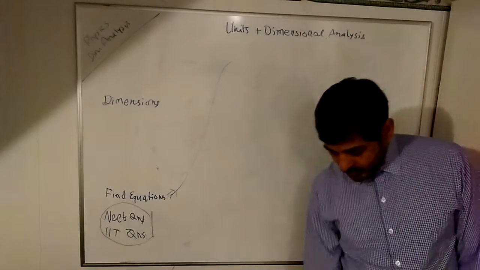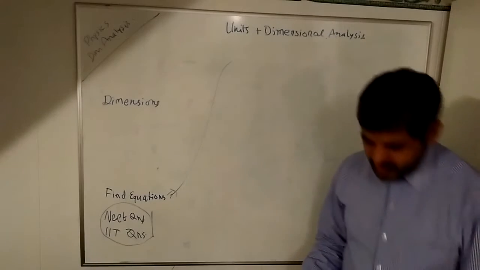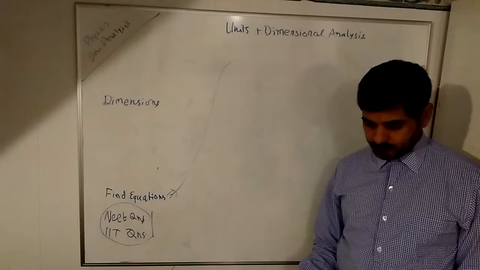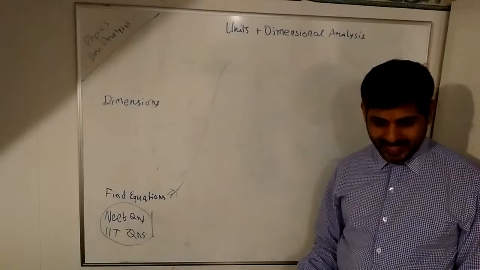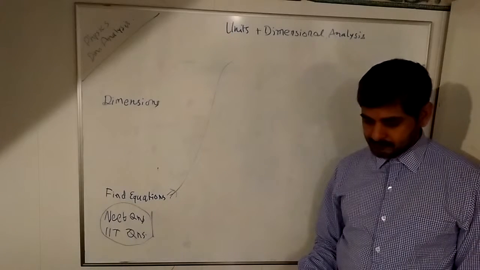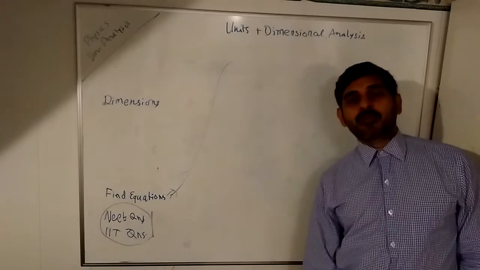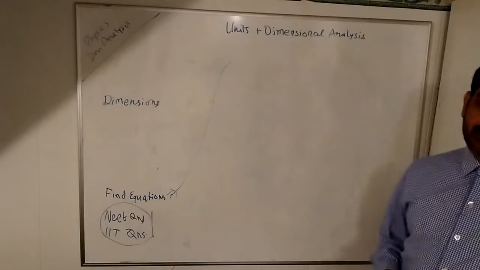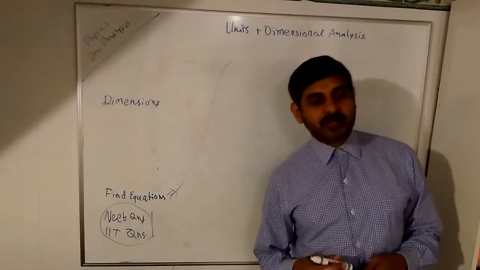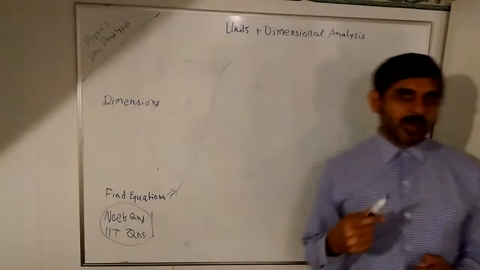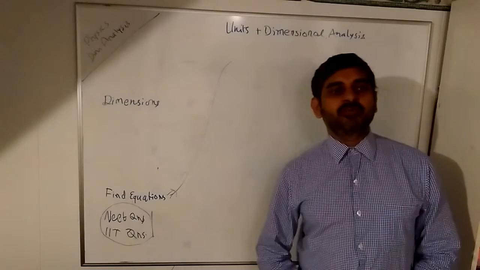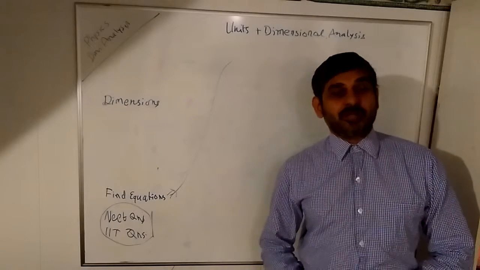One last type of problem that I have here is the fundamental units. One type of problem they ask is: if the fundamental units are mass, length and time, what if you expressed it in some other types of fundamental units?